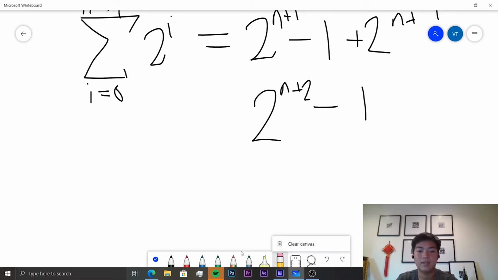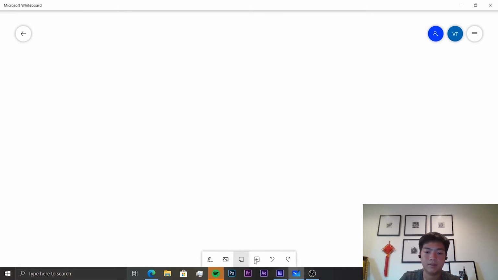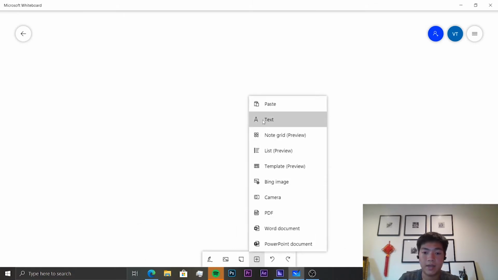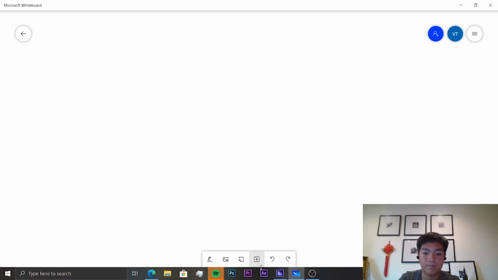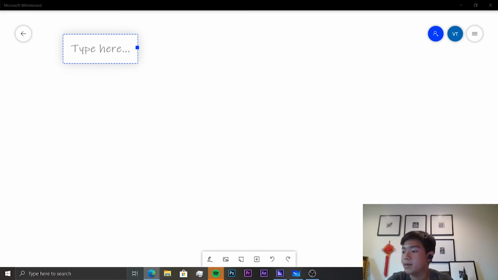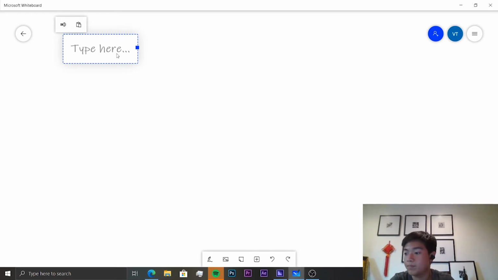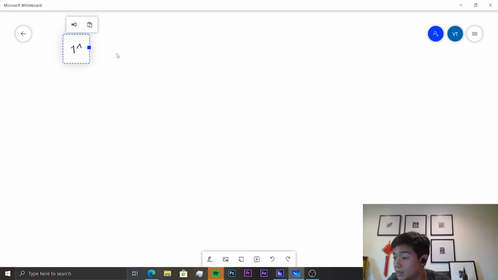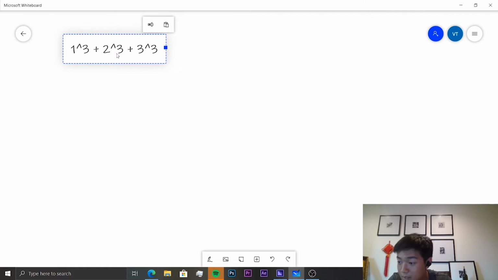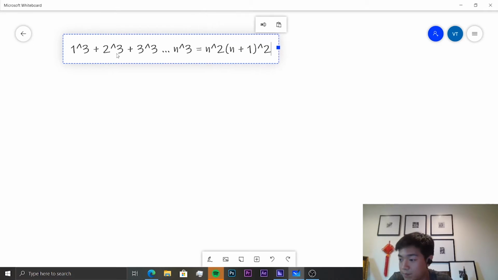Okay, on to the next one. Our next problem is E: 1 cubed plus 2 cubed plus 3 cubed until n cubed is equal to n squared times n plus 1 squared, divided by 4.